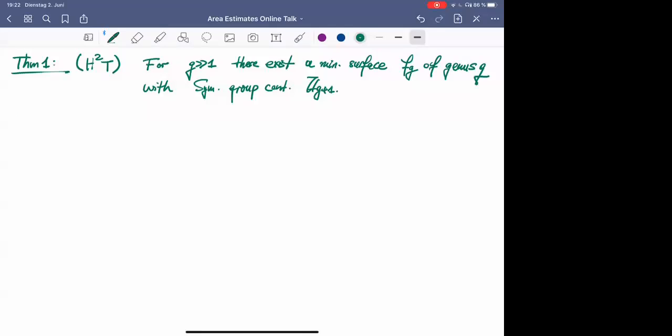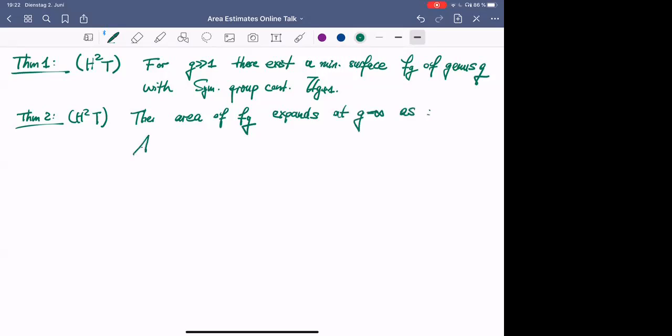But the new thing is actually in theorem 2 in the same paper, which is the area expands as follows.